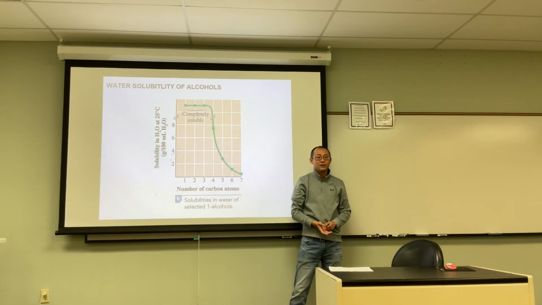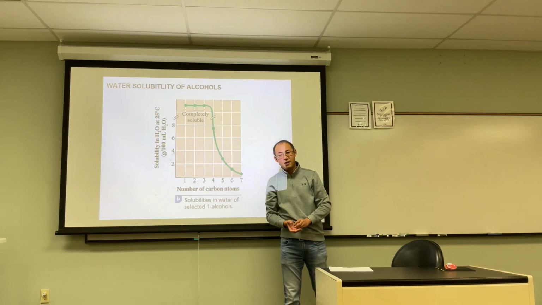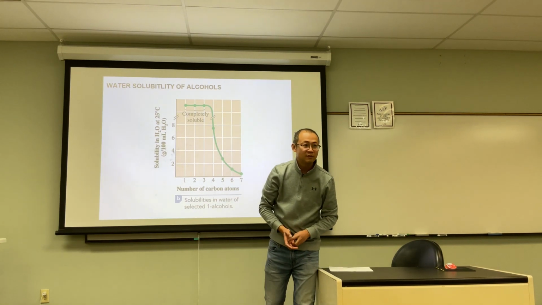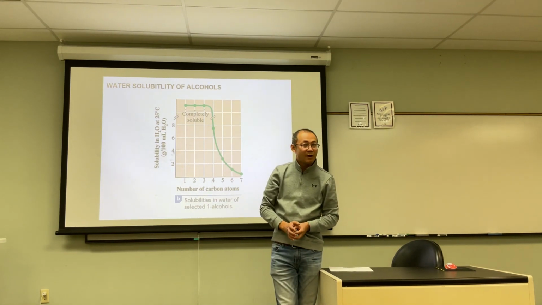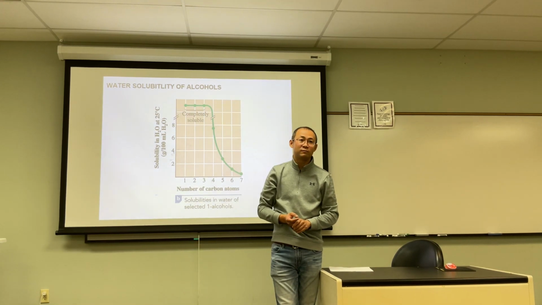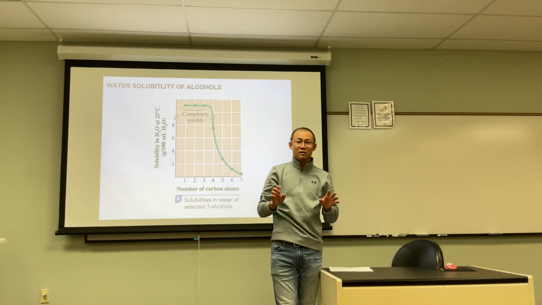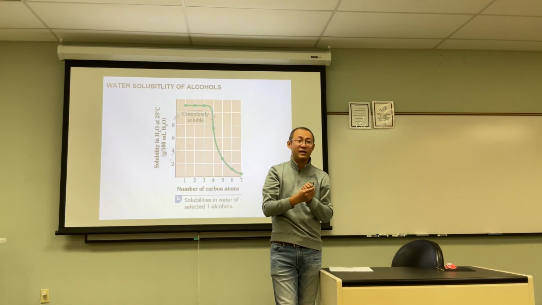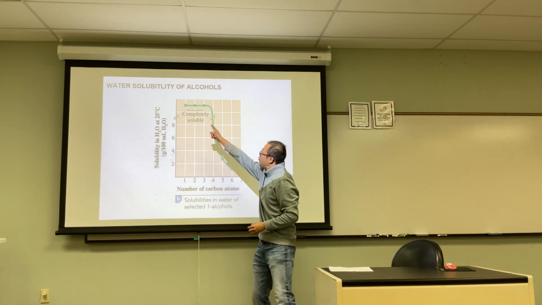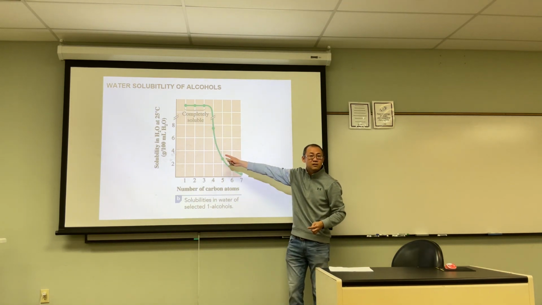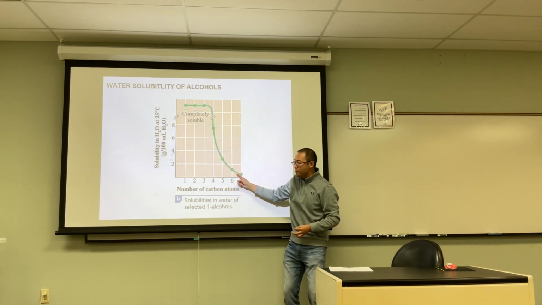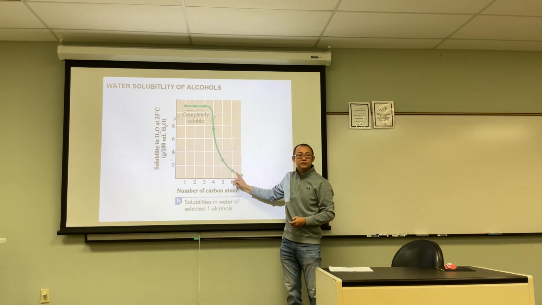Good? So far, what did we learn? Alcohols, because of the OH, can interact with water through hydrogen bonding. And because of that, alcohols are generally water soluble. However, there's a trend, there's a condition. The chain of the alcohol cannot be too big, because as you increase the number of carbons, the water solubility is going to decrease.